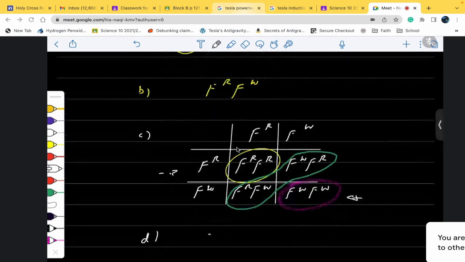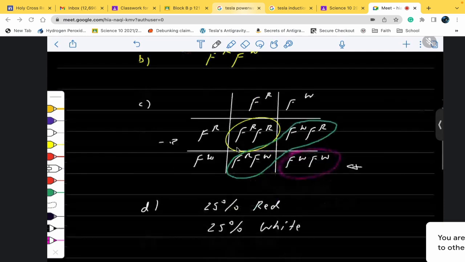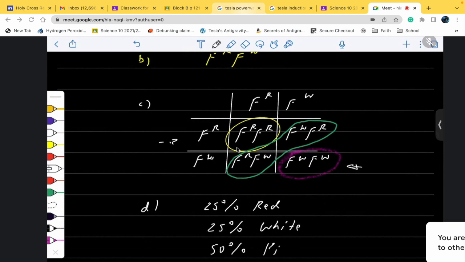Right? So I'll write it down. 25% is red, and in no particular order, 25% is white. Those genotypes code for red and white respectively. And then the remaining 50% is pink, made up of the FR, FW. Again, the allele order doesn't matter.